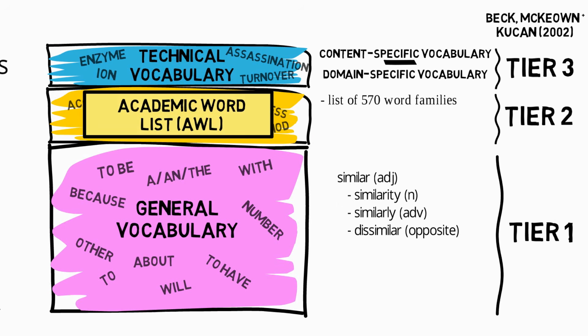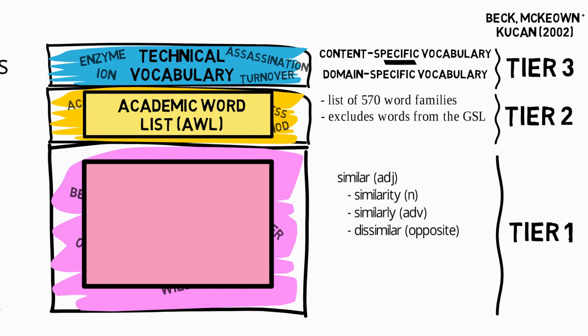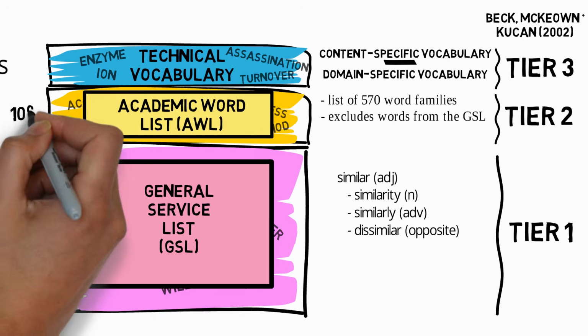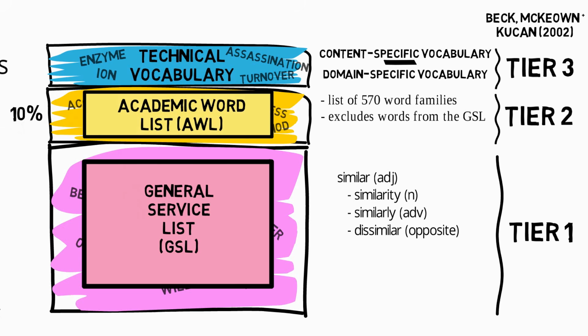So the AWL excludes words from the General Service List, or the GSL, which is a list of 2,000 general English words, like the ones we just saw, to be, to have, a, and, the. It's meant for use in all subject areas and accounts for around 10% of words in academic texts, in contrast to the GSL, which is about 80%, and technical vocabulary generally is around 5%.